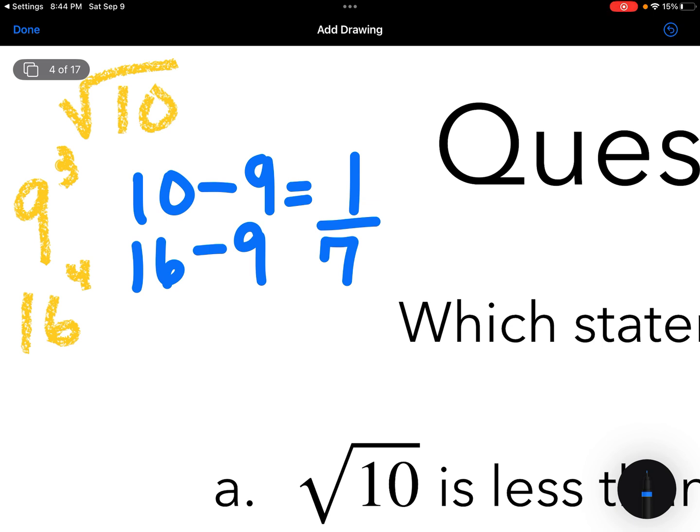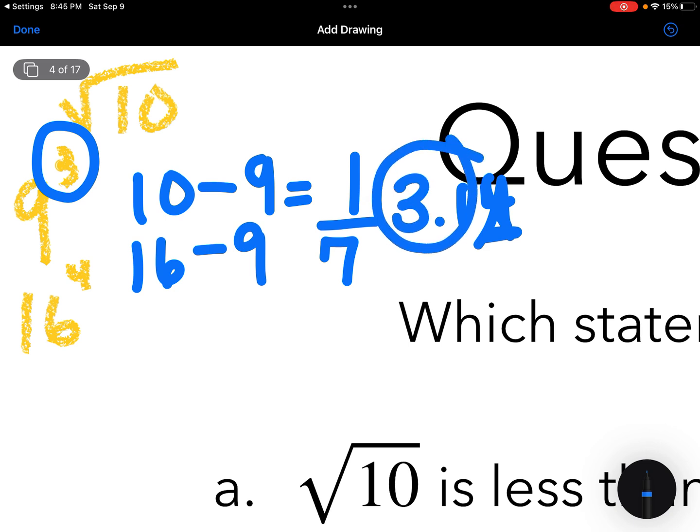Because I get 0.14, the 4 tells me not to round up. So I'm going to get 0.1, and I take the lower of the two square roots, so it's going to be 3.1.